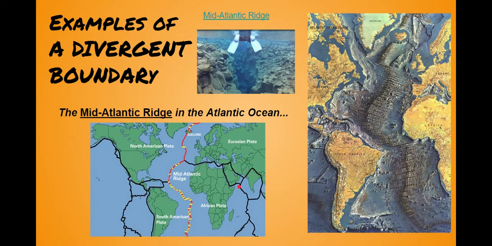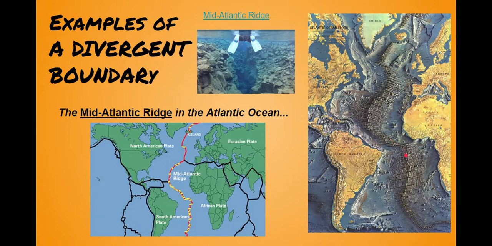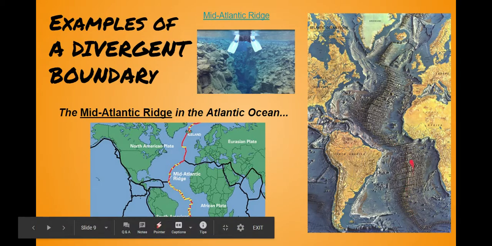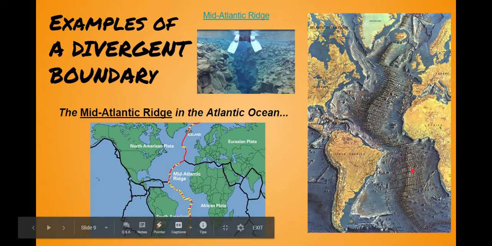So, if you look at a picture of the world without water, you see right down the middle of the Atlantic Ocean, is this weird looking landform that looks maybe like a scar or something. That's where the Atlantic Ocean, those two plates are splitting apart from each other and pushing away from each other.